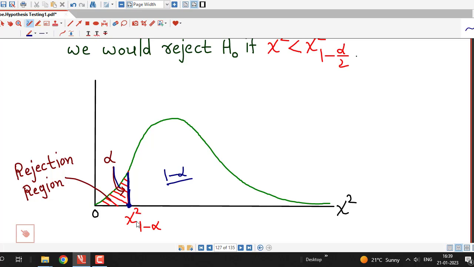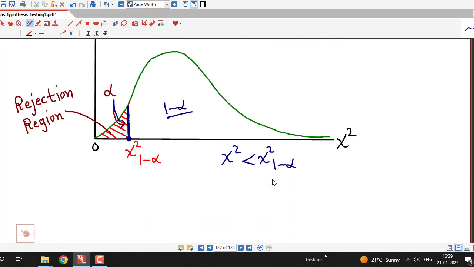Therefore, this point is chi-square 1 minus alpha, and we will calculate this value. And here we will reject the null hypothesis if the calculated value of the test statistic is less than this point or this critical value, chi-square 1 minus alpha.